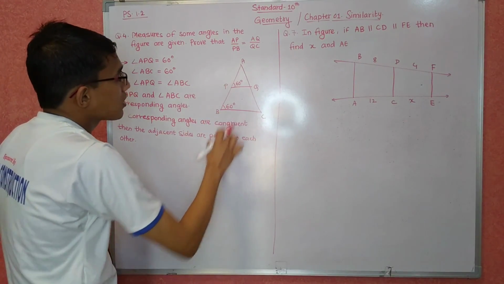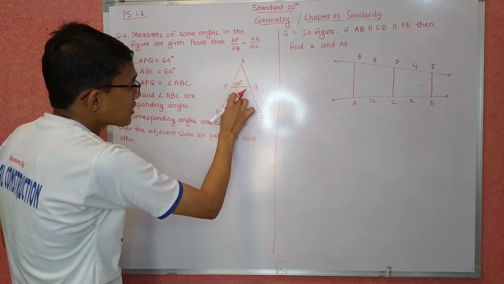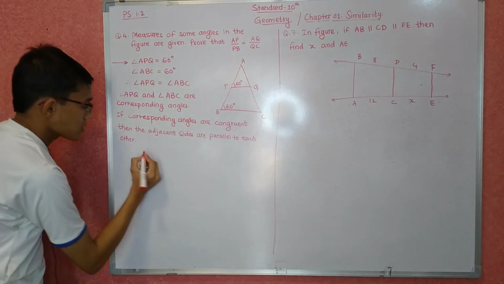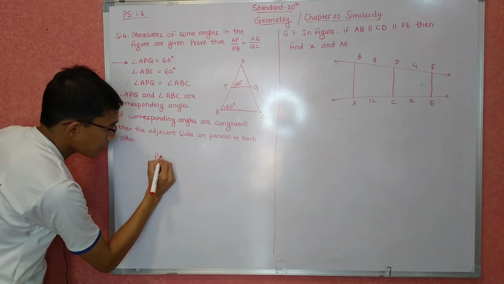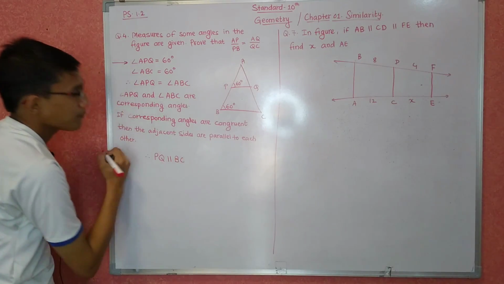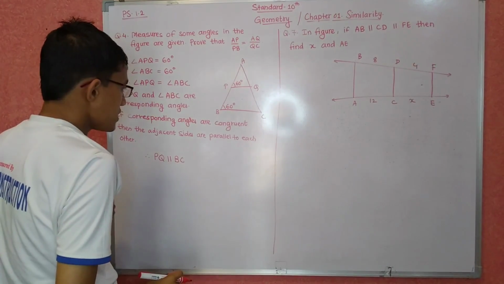So whenever corresponding angles are congruent, the sides which have created the angles are going to be parallel to each other. So in this case, therefore PQ is parallel to BC. So this segment PQ is parallel to the segment BC.